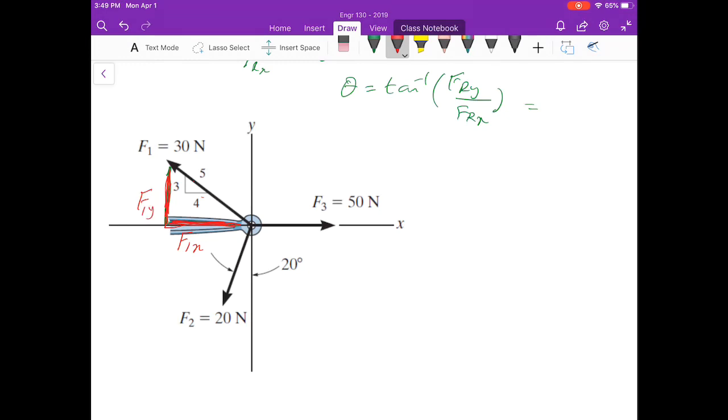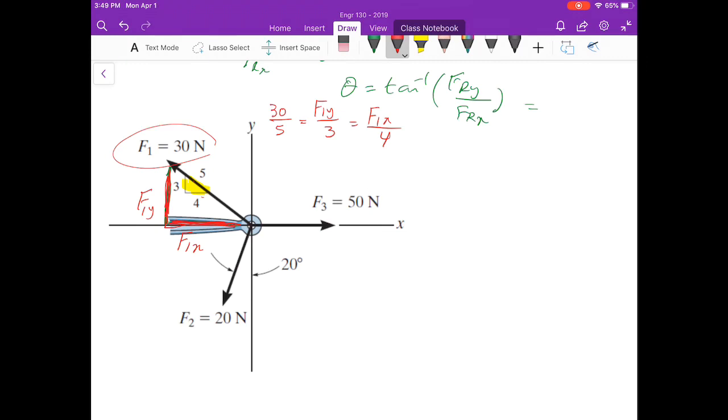So if I use similarity between triangles, I can say 30 over 5 is equal to the big triangle, which is 30, over this little triangle here. I'm going to make the little triangle yellow so you can see it. So 30 over 5 is equal to F1y over 3 is equal to F1x over 4.